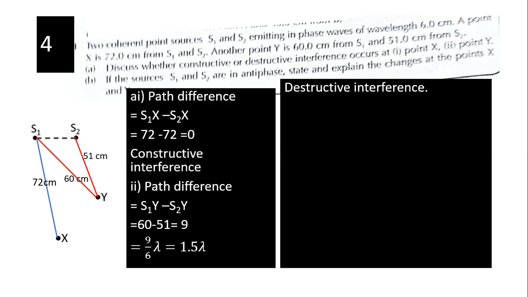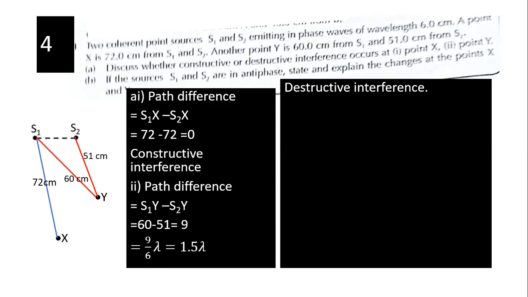If S1 and S2 are antiphase, state and explain the changes at points X and Y. S1 and S2 are in antiphase, which is equivalent to a path difference of half lambda. What happened at X? At X, what do you see now?